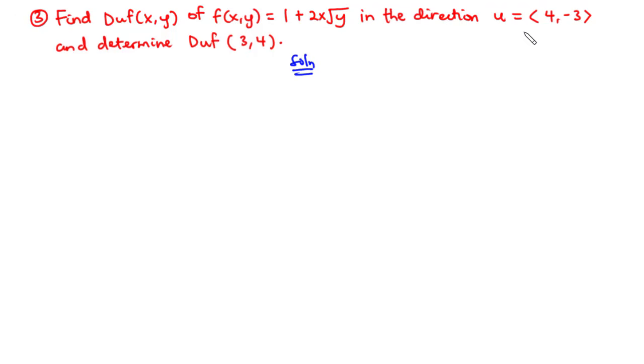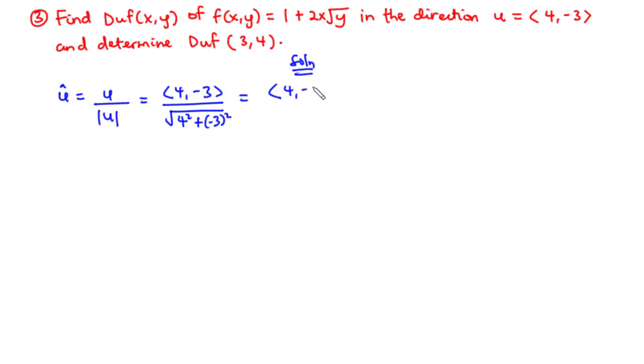So here also we are given the direction vector, and then we need to find the unit vector. So the unit vector u cap is said to be equal to the direction vector divided by its magnitude, and that is equal to 4, -3 divided by the magnitude, that is the square root of 4 squared plus -3 squared.